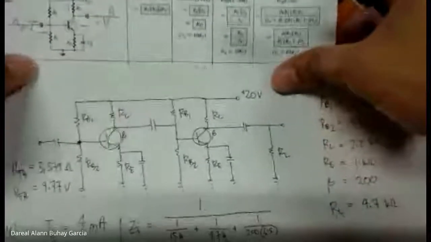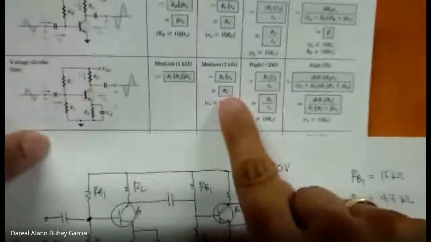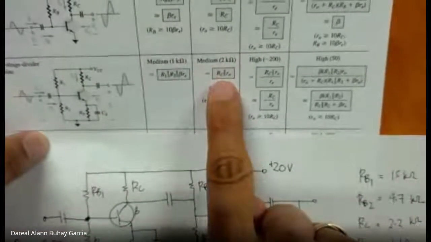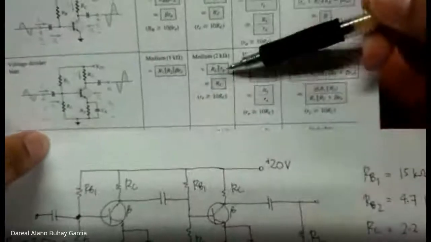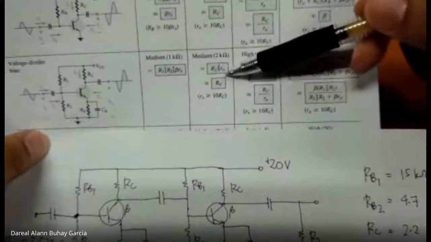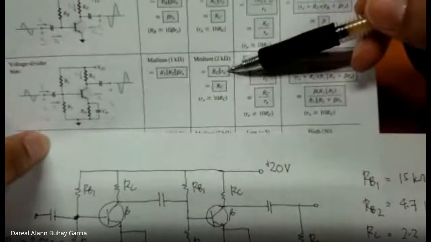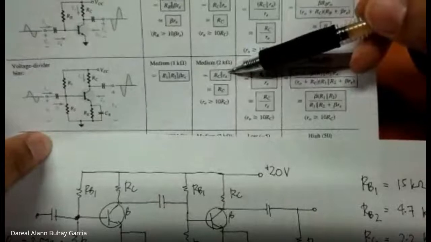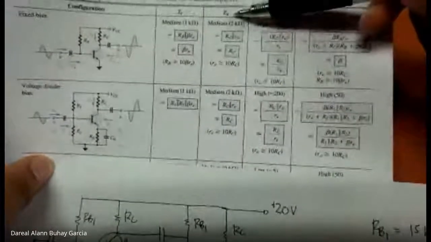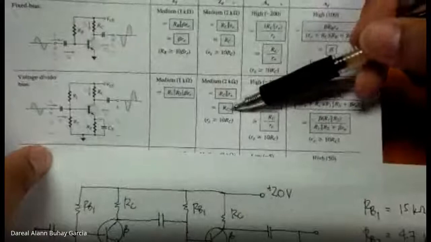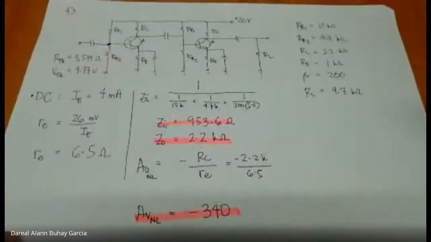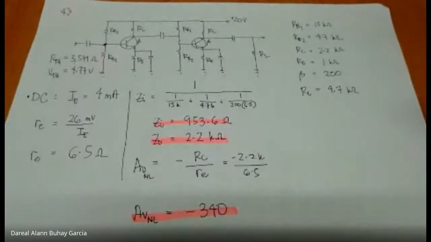Supposed to be, ZO is, naman di ba, for voltage divider, ZO is RC parallel RO. But wala man tayo given RO good problem. Or maybe RO is a large enough value that wala na lang niya given. So pwede nato i-approximate ang output impedance as equal to RC, automatic. Okay? Sige. Napay questions?